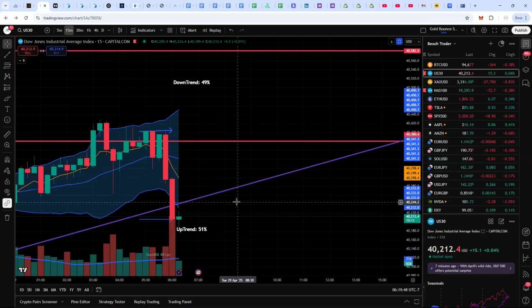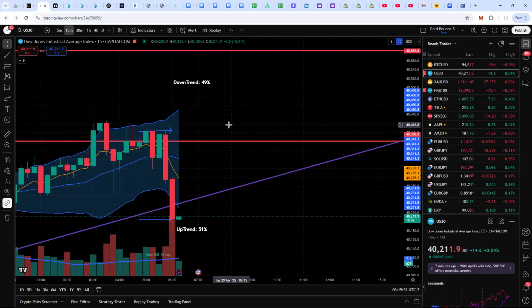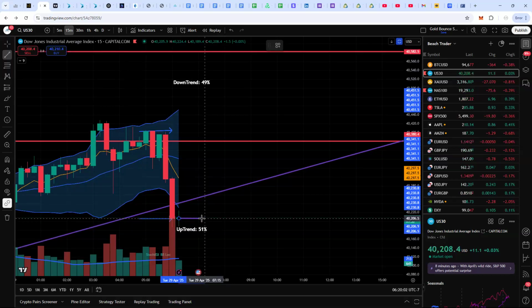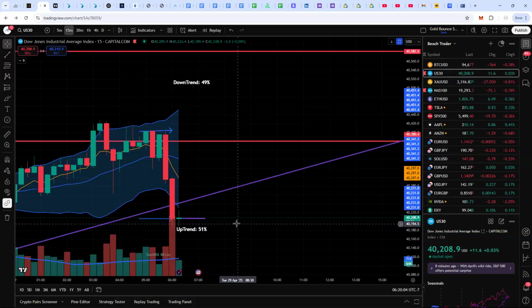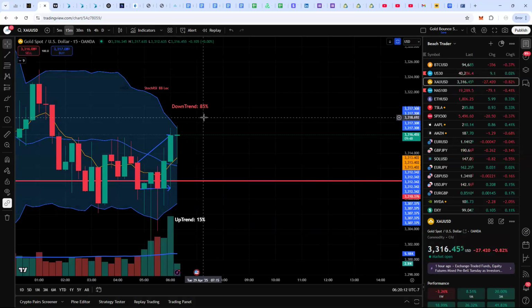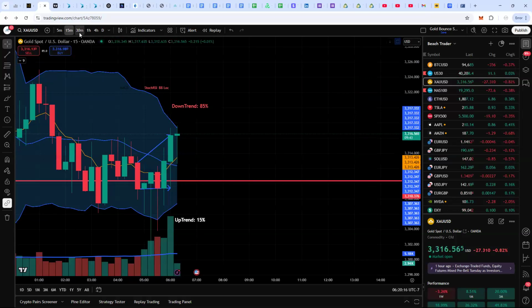Okay, and on my phone, I'm just looking at it right now. And gold, I really love gold going up, but it's already going up, so it's kind of at the top of this Bollinger Band.